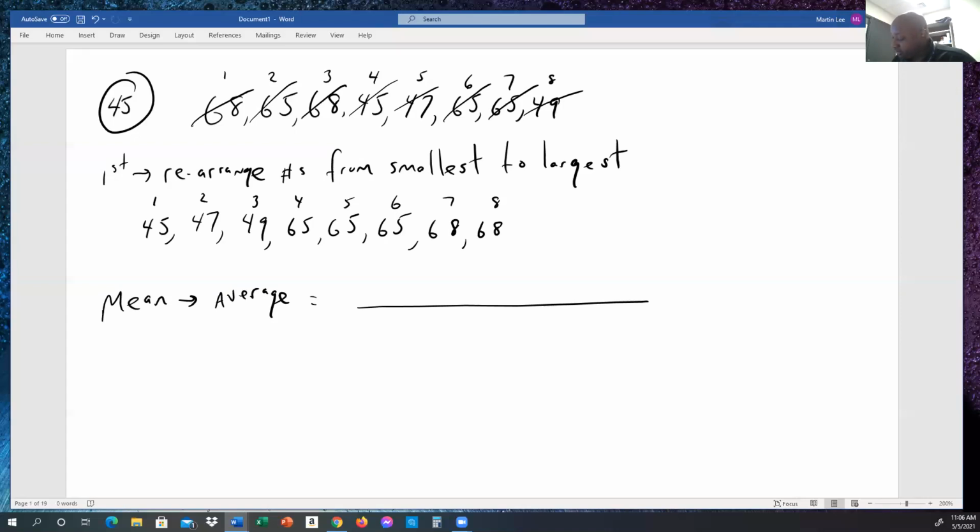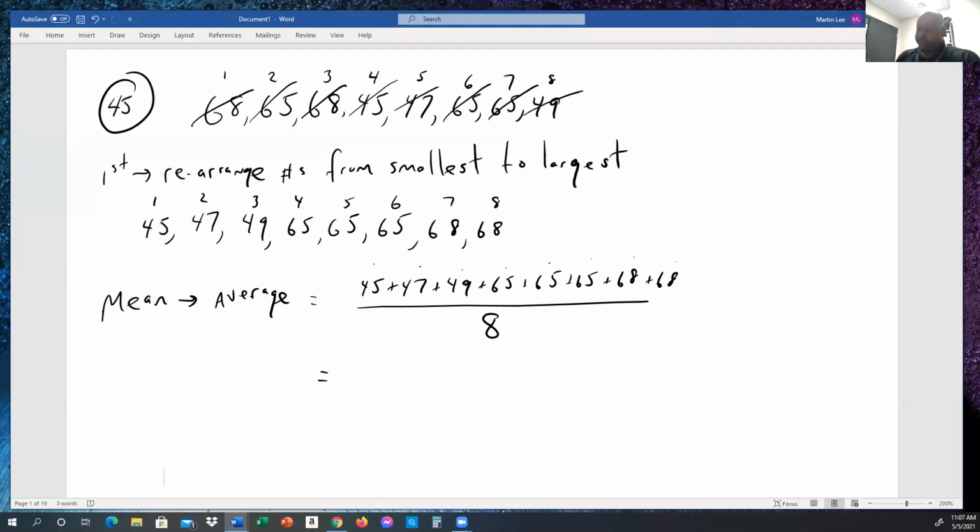So for my numerator, I'm gonna have 45 plus 47 plus 49 plus 65 plus 65 plus 65 plus 68 plus 68. And make sure I have 8 numbers. 1, 2, 3, 4, 5, 6, 7, 8. So to find the average, we add those up and divide by the number of numbers, which is 8.